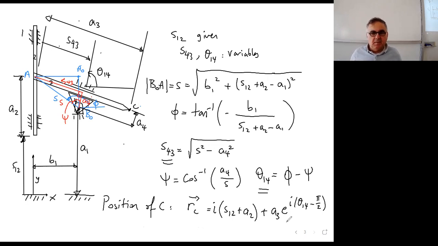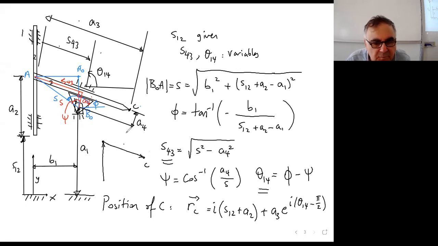Okay. Is this understood? This is a little bit difficult maybe. Let me try to draw it here. So you write this vector upwards and then this vector. This is point C. Okay.